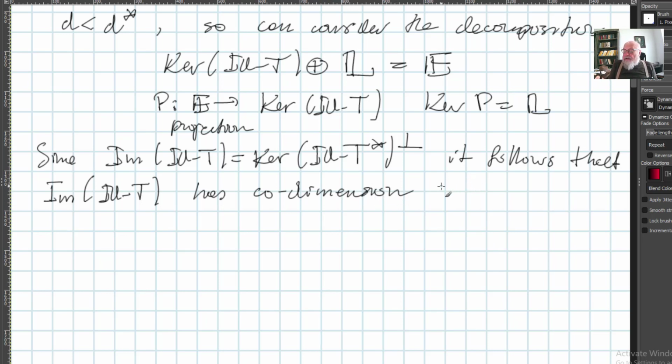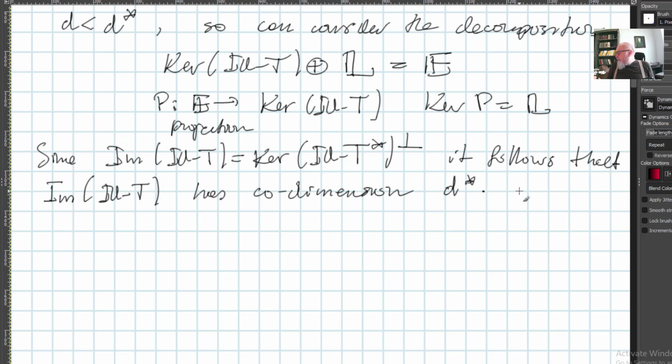So it has codimension D star. That means the quotient space E divided by the image has finite dimension, which is equal to D star by this particular relationship.